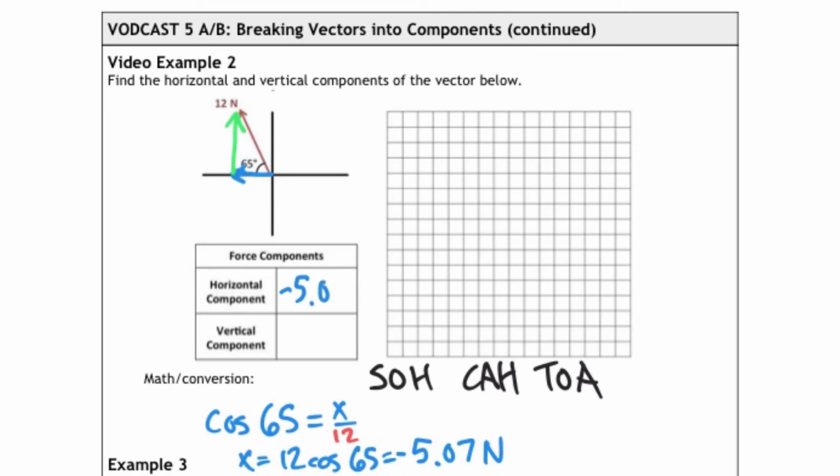Negative 5.07 newtons. For the vertical component, this is now the opposite side, so I'm going to use sine. Sine of 65 equals y, that's what I'm trying to find, divided by the hypotenuse of 12. So y equals 12 times the sine of 65. You may need to plug that into your calculator. That equals 10.9 newtons.